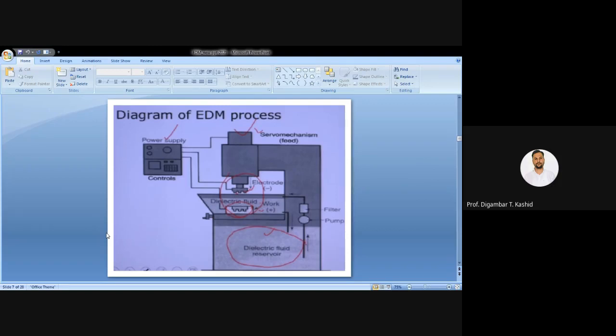If the gap increases, then after some time you will see there is no machining going on, so no material removal is going on, because a certain gap is required, as we know.